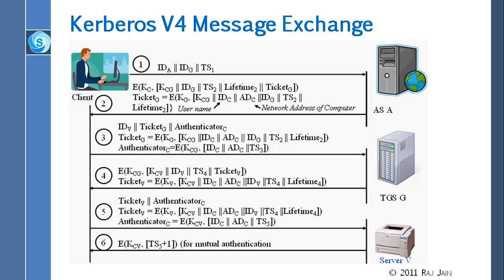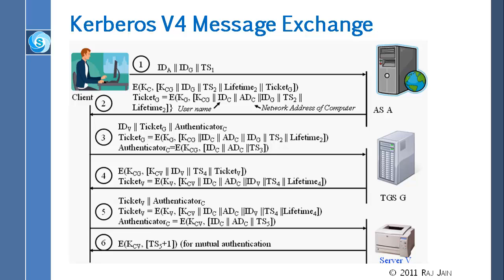So anyway, it knows KV, and it encrypts that, and with this ticket it can tell the server that the session key is KCV, and that the client is IDC, his address is ADC, you are IDV, and this is the time, and this is the lifetime. So all of this is basically giving the key to the server. Now the ticket is simply returned to the server by the client, and by using this ticket, the client knows what is the key to use.